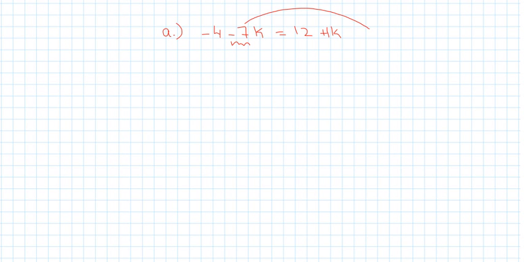Okay? When you move a term from one side to the other side, what happens to it? It changes sign, right? Because what's the opposite of negative? Positive, right? So because I'm moving that -7k to this side, I'm changing its operation.